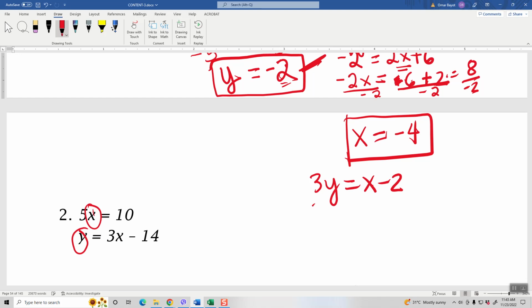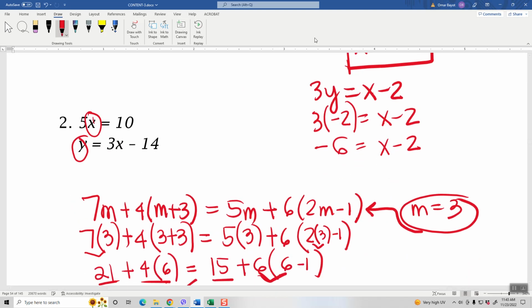Y equals negative 2. So, 3, substitute, x minus 2. So, you will have 3 times negative 2 will give you negative 6, x minus 2. Anong sabi ko? Put x on the left member of the equation, you will have negative x, negative 2, transfer si 6 sa kabila, then you will have plus 4.